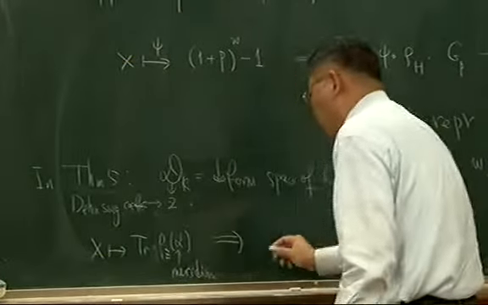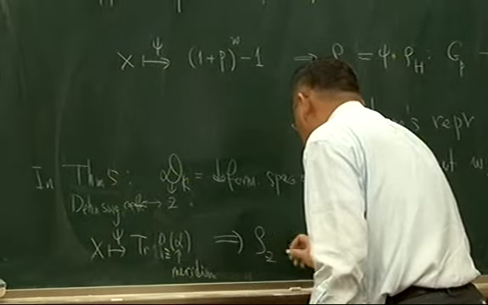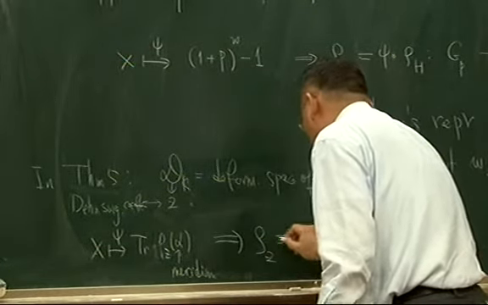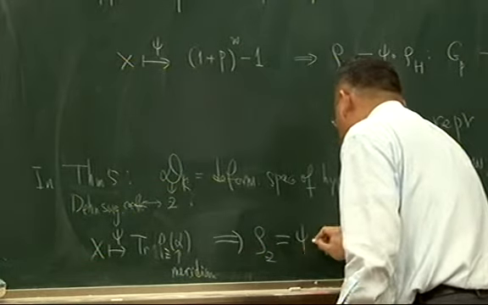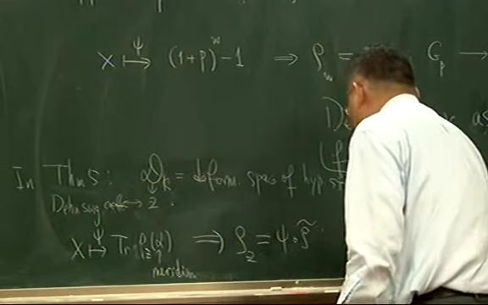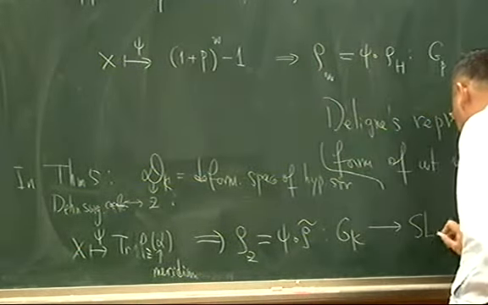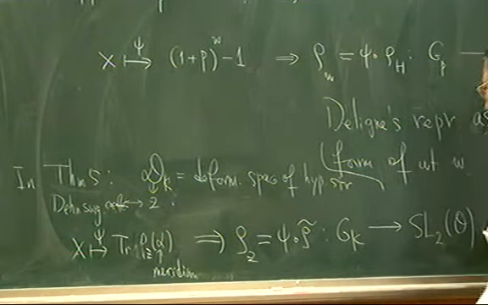then we get a specialization C composed with the universal deformation, which gives a representation of the knot group to SL2(O).